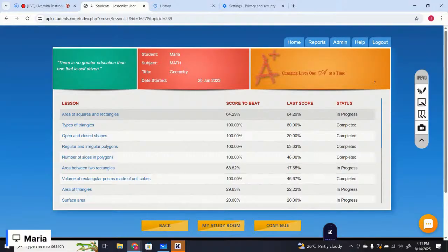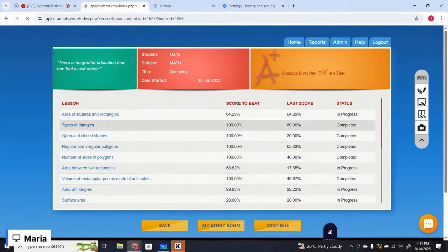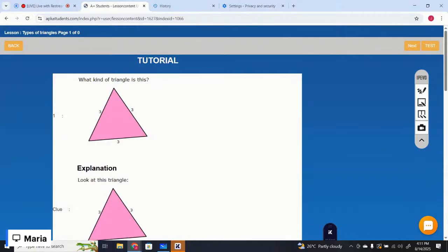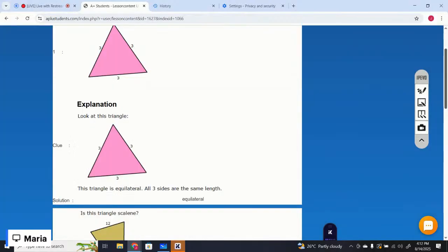The next lesson is types of triangles. Let's just start with the lesson. What kind of triangle is this? So the triangle has all three sides equal in measurement. So that is an equilateral triangle.